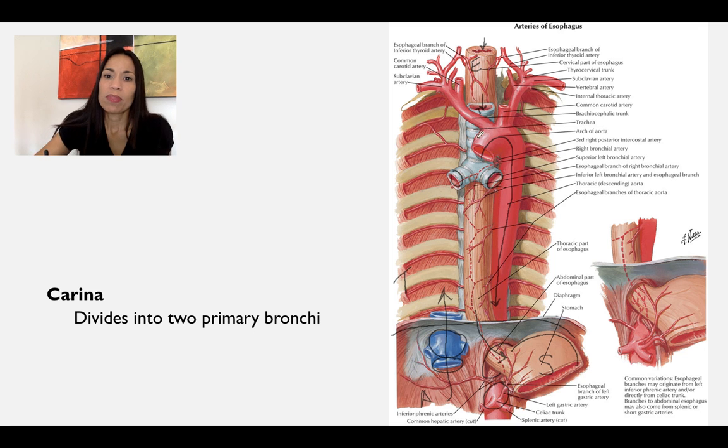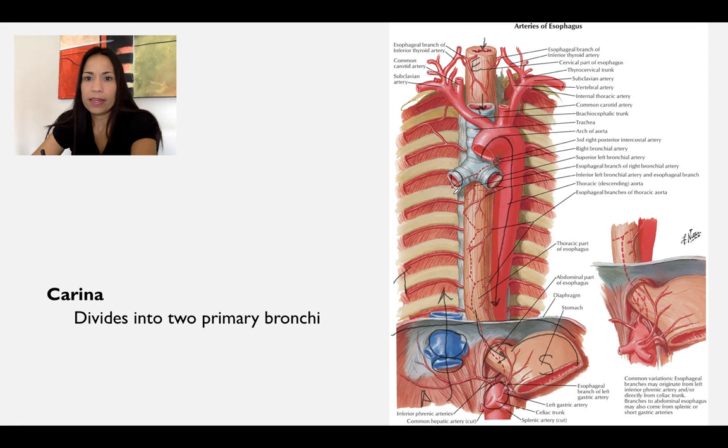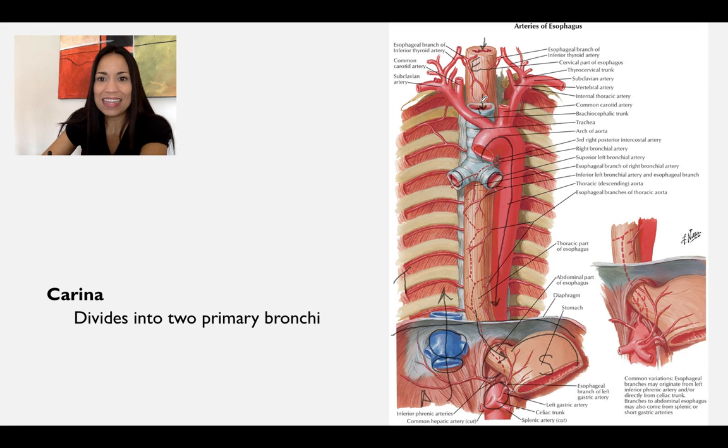Now, let me rephrase this. The trachea is separated from the esophagus by a muscle that we call the trachealis.